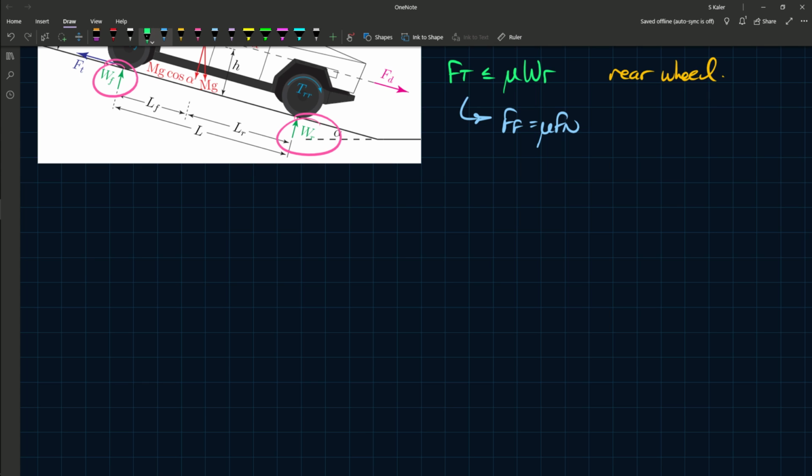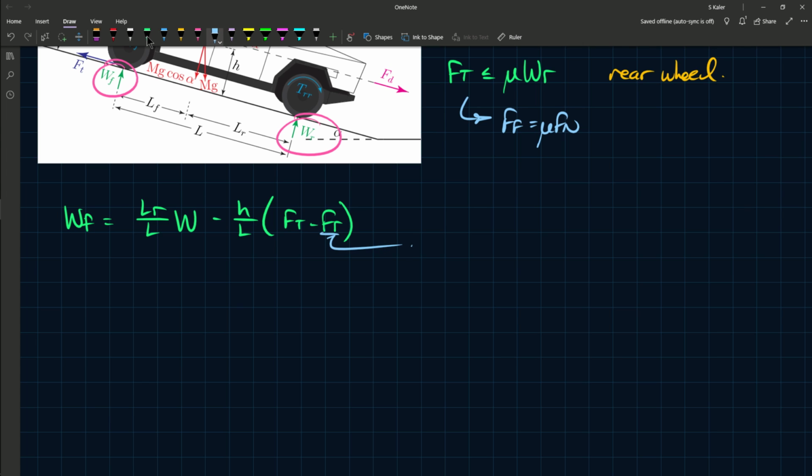So it can be proven that Wf is equal to Lr over L times W, where W is the weight of the vehicle, minus H over L, where H is the height of the center of mass, times Ft minus Fr, and Fr is the rolling resistance.